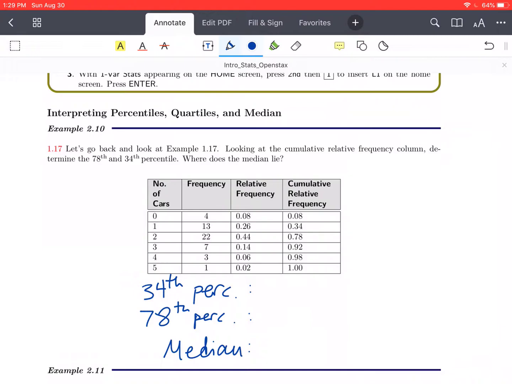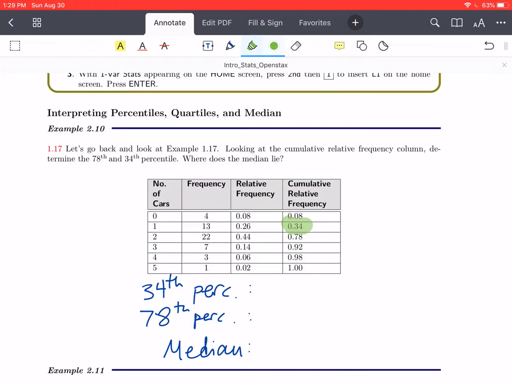Okay, so the 34th percentile, that's going to be right there. 34% of the data lies beneath this value.